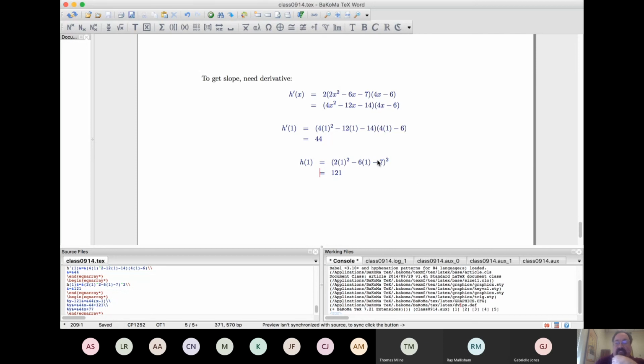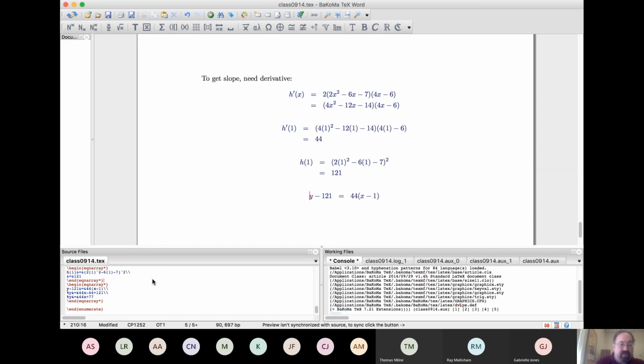We actually get minus 11, but all that is squared, and that's what gives us positive 121. All right, now that we have all those pieces, we have both the function and a derivative evaluated at x equal 1. We go ahead and get the equation of a tangent line.